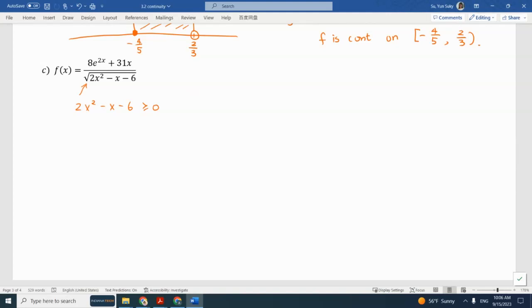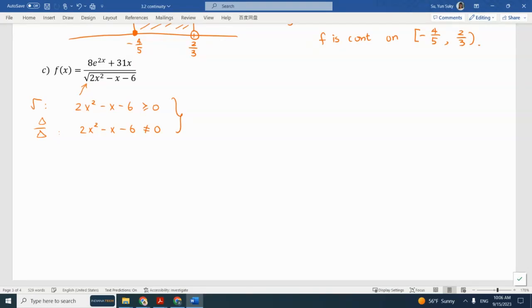Yes, we have a denominator. This condition is because of the square root, and this one is because of the fraction. I mean not 0. Okay, let me put something here. Because of the fraction, we need the denominator not equal to 0. Is that okay, everybody?